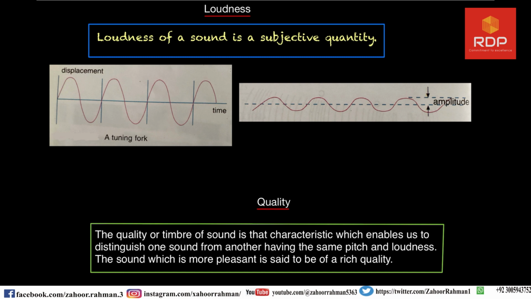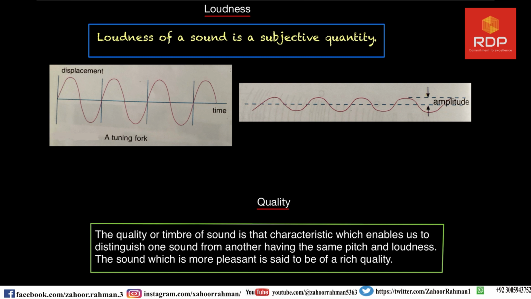These two figures show two waveforms of the same frequency. Now frequency is the same, but with different amplitude of vibration. So that is called the loudness. The third and very important characteristic of sound is the quality of sound.